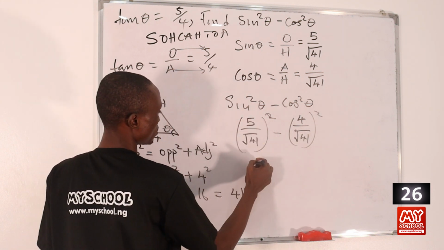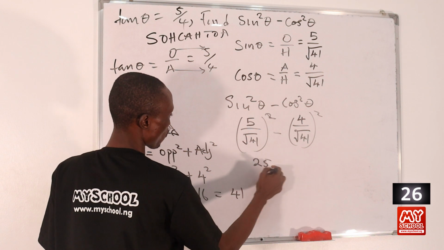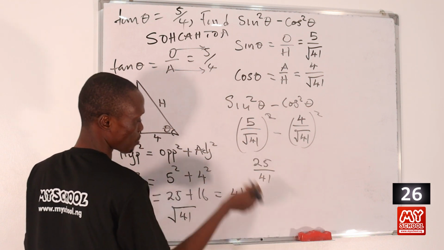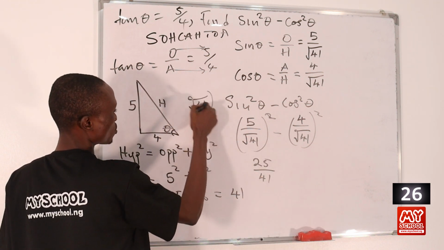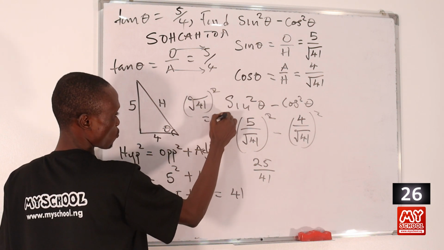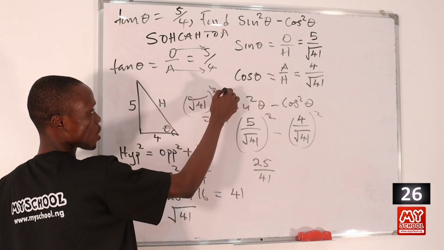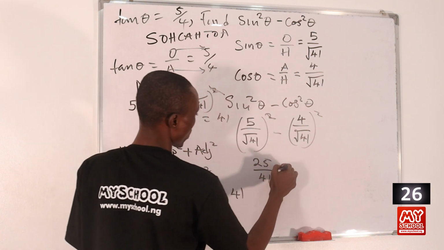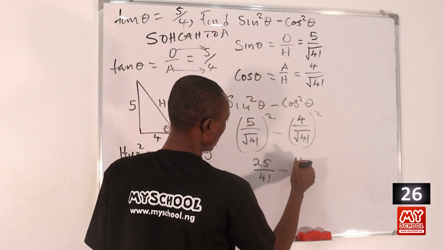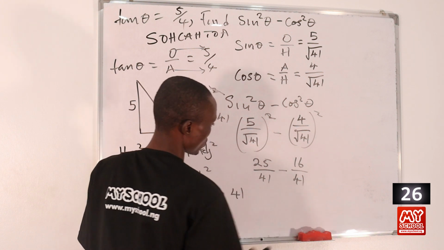So this will simplify to give us 25 over 41. Remember that root 41 squared is equal to 41 because the square will cancel out the square root. While here we'll be having minus 16 all over 41.